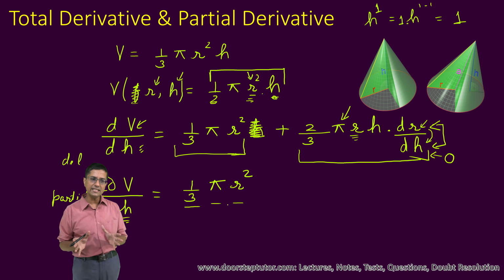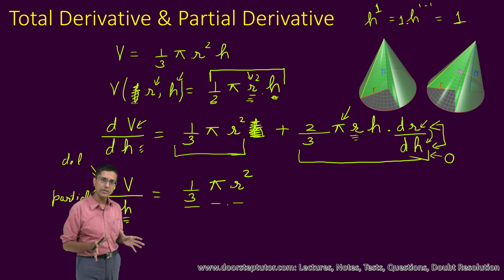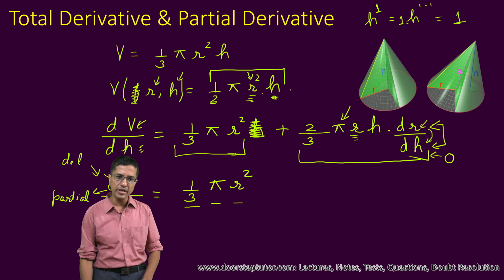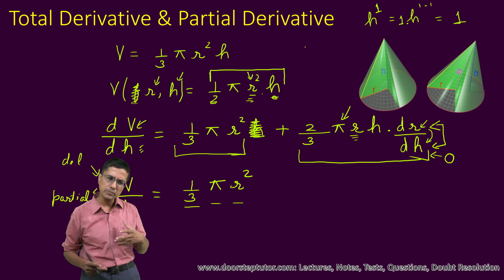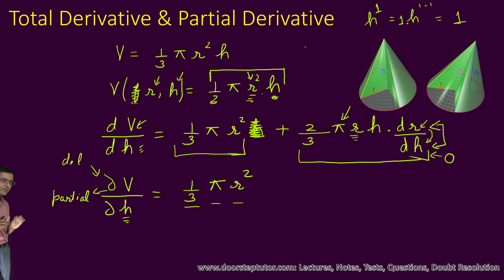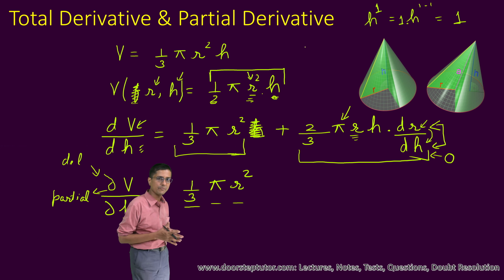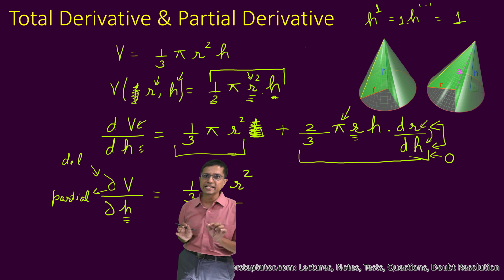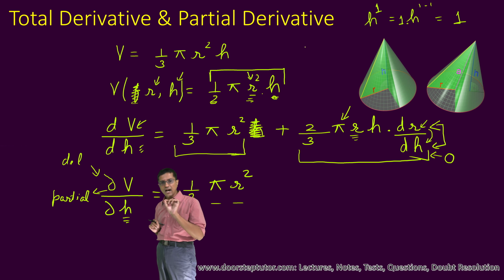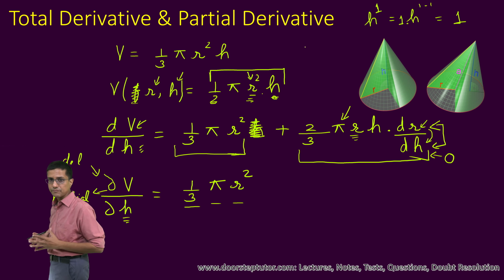See, the thing is, although v is a function of both r and h, that is given, okay, so it's a function in 3 dimensions. It's a function of both r and h, but for the purposes of just calculating this del v by del h, we have assumed for 1 second that the r is not changing, it has become constant, and that's why we can write this.